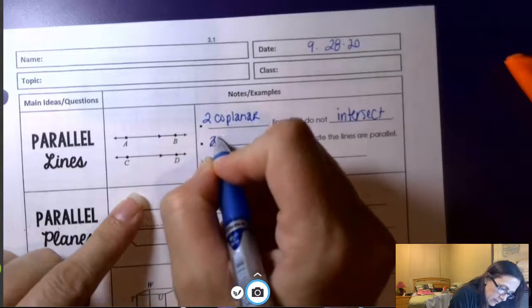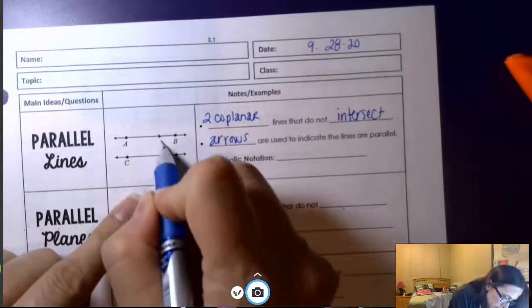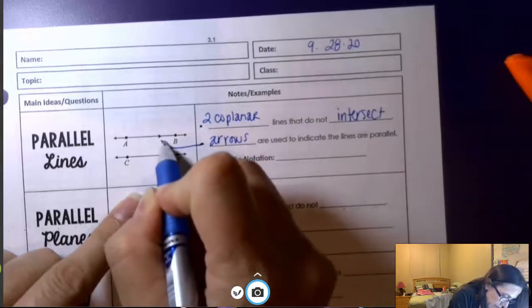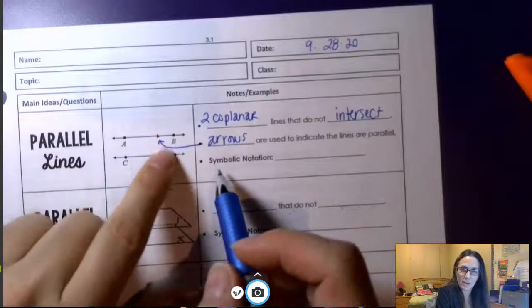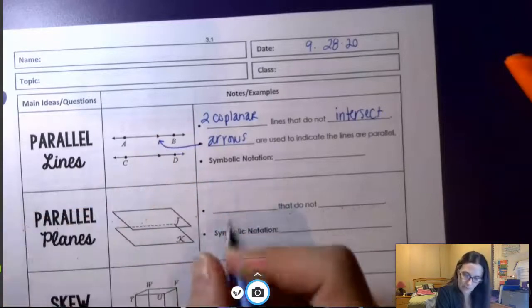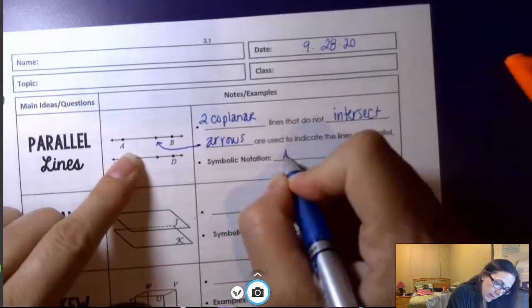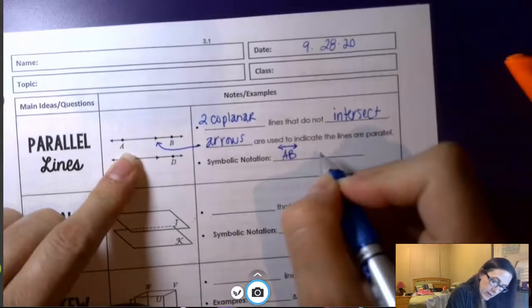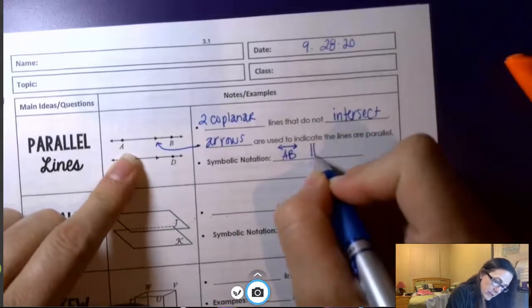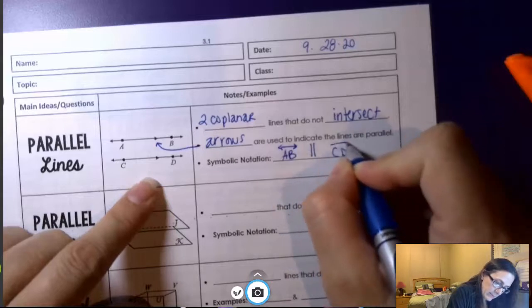Those arrows are used to indicate that they're parallel lines. So anytime you see those thick arrows in the middle, that means that they're parallel lines. So right here, I might write that line AB is parallel, the two long skinny L's, to line CD.